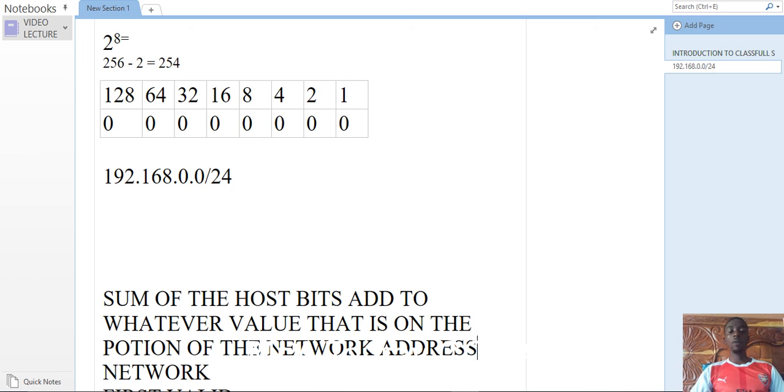The sum of the host bits is to be added to whatever value is on the same portion of the network address.